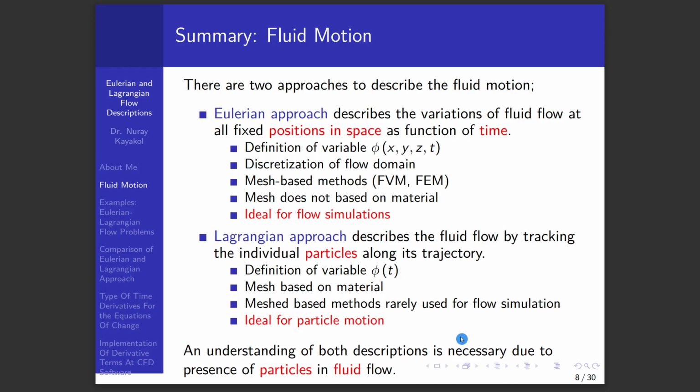So if I summarize the Eulerian and Lagrangian approaches, in the Eulerian approach, we discretize the flow domain. We use mesh-based methods, and we express the values of variables, for example temperature, pressure, or whatever, at fixed position as a function of time. So this is actually what we do for flow simulations.